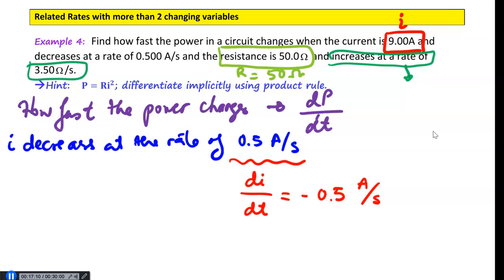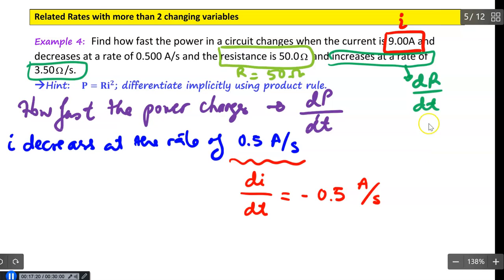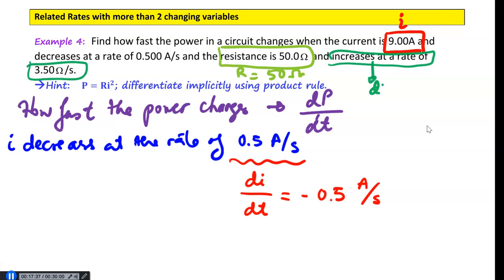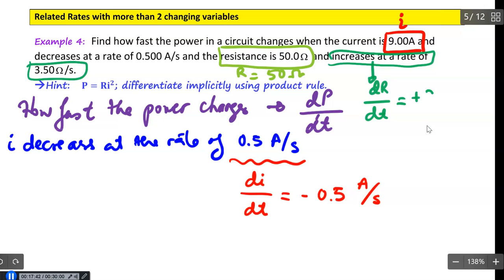The R increases at the rate of 3.5 ohm per second. So we are talking about R as a function of time and differentiating R with respect to time. Okay, so I'm going to give myself some room and I rewrite this. So this one is dR/dt, it increases, so I should have positive 3.5 ohm per second.